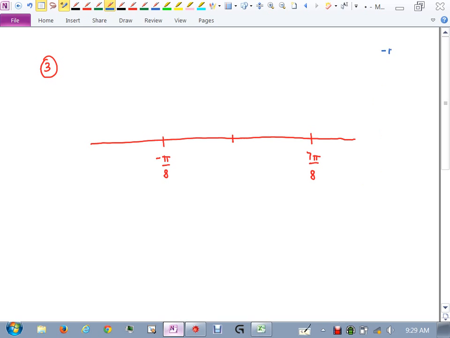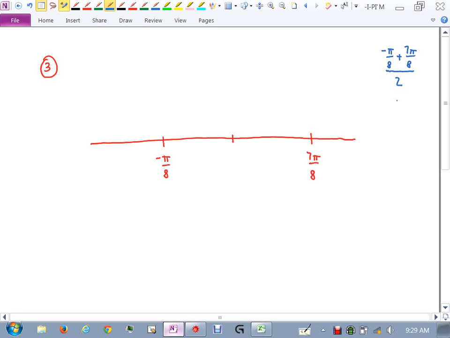If I take negative pi over 8, I add to it 7 pi over 8, and I divide by 2, what do I get? So add the 2 first. What's negative pi over 8 plus 7 pi over 8? 6 pi over 8. And divide that by 2, so you have 6 pi over 16, right?